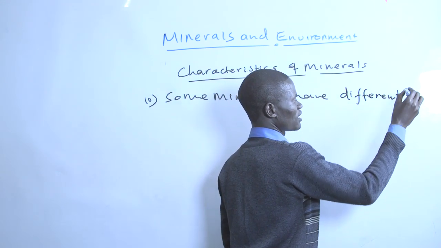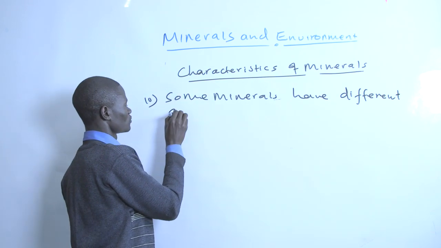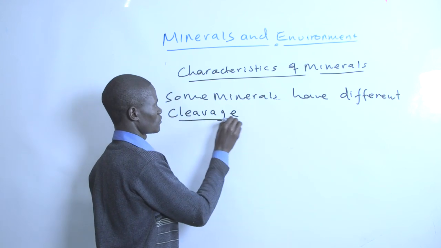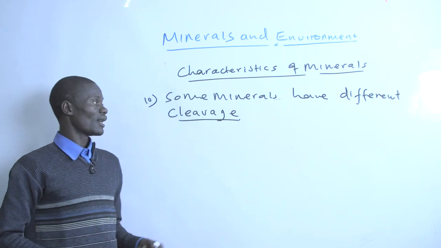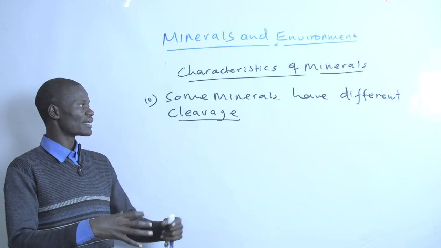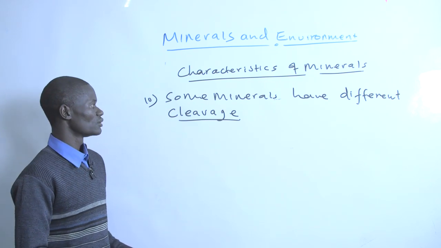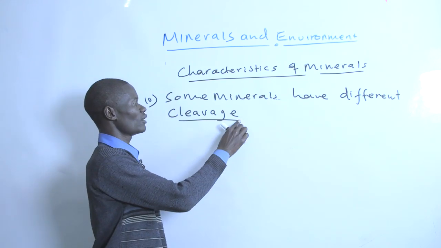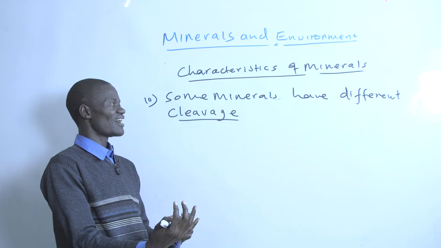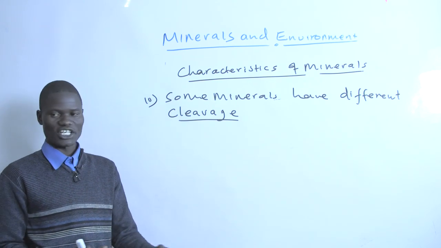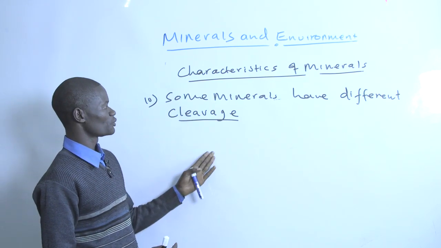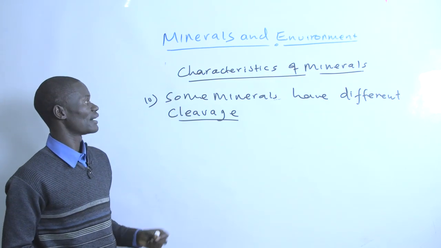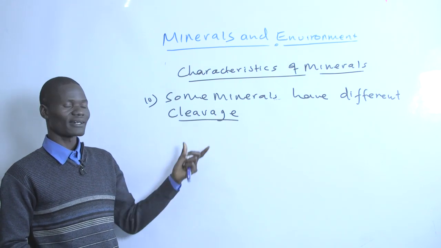And cleavage is the ability of a mineral to be malleable, and an ability also for it to take a shape that can be changed from one shape to another. That is the cleavage. We have learned that some minerals have different cleavage.